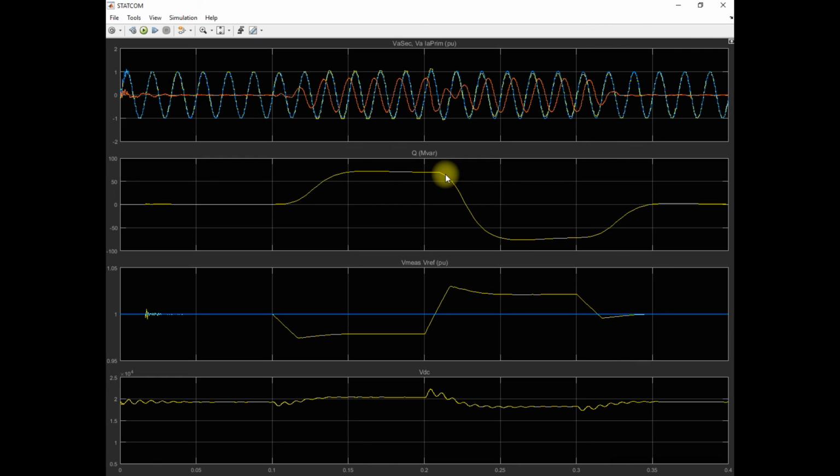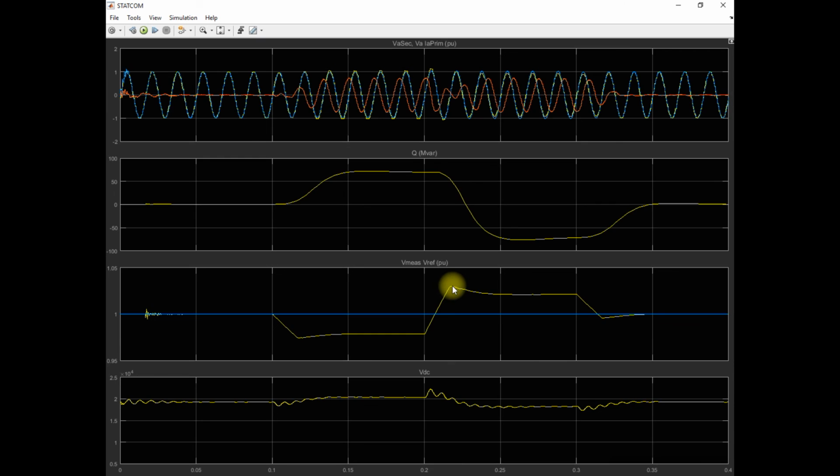So the STATCOM absorbs the excess reactive power from the system to maintain the voltage near to this rated value. So you can see that here the voltage after the compensation decreases below 1.03, but it does not reach the exact 1 per unit. The reason is the proportional gain, or proportional droop characteristics, provided by this STATCOM.